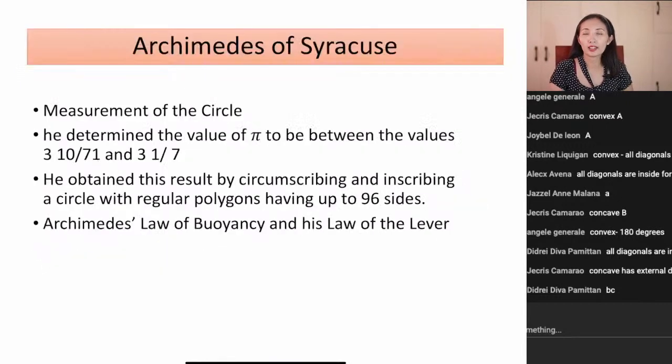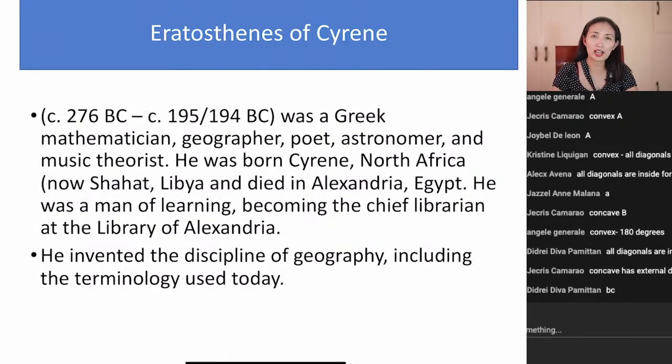Next, another famous Greek mathematician after Euclid is Eratosthenes of Cyrene. Eratosthenes was a Greek mathematician, geographer, poet, astronomer, and music theorist. He invented the discipline of geography, including the terminology used today.